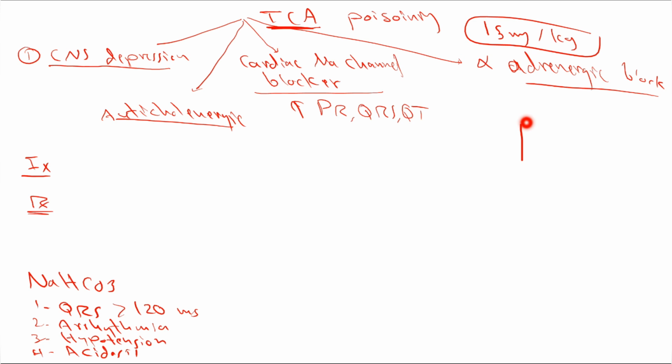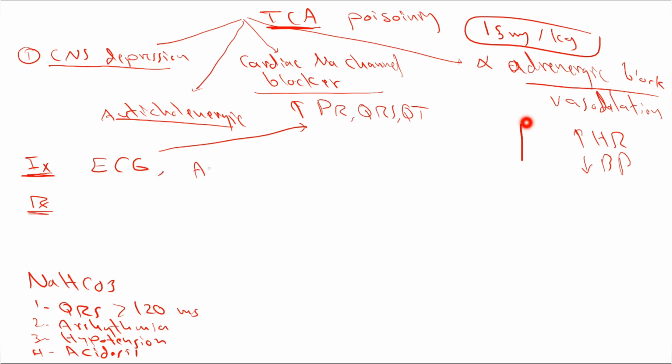Alpha adrenergic blocking effect may lead to vasodilatation. This vasodilatation reflexly leads to an increase in the heart rate and decrease in the blood pressure, so it leads to shock in the patient. The investigations, most importantly, is ECG to look for these changes.